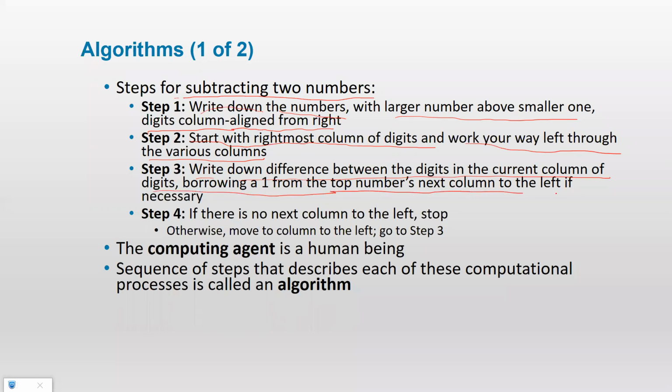Borrow one from the next column, etc. And step 4, if there is no next column to the left, stop. Otherwise, move to the column to the left and go to step 3. So you keep doing this until there is no digit left on the left. So this is an algorithm. This tells you how to perform subtraction.